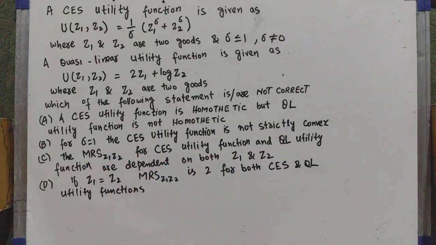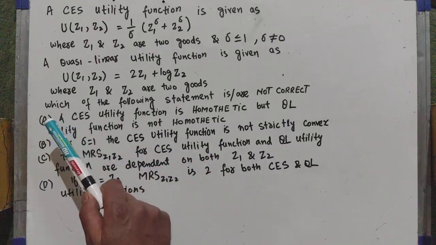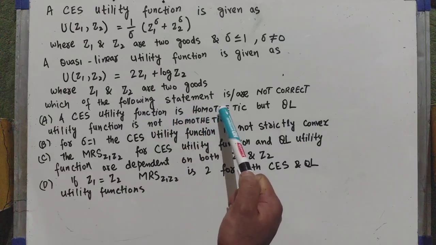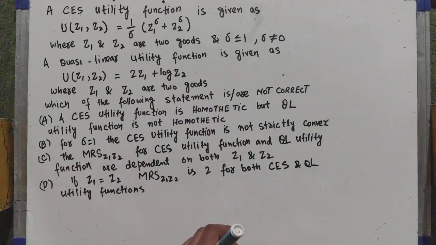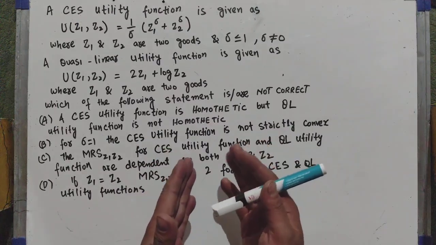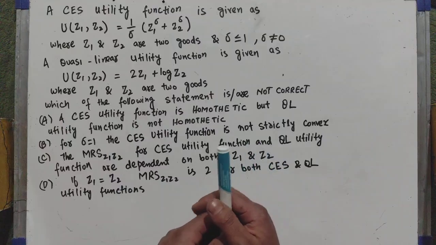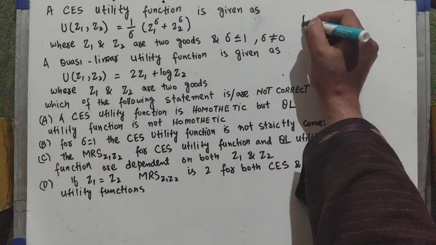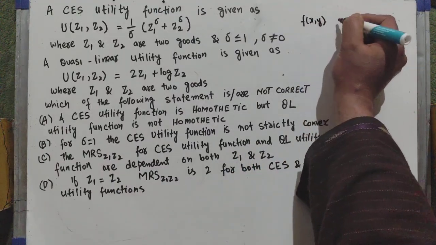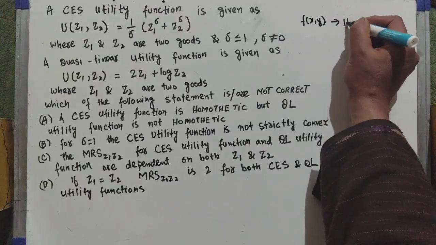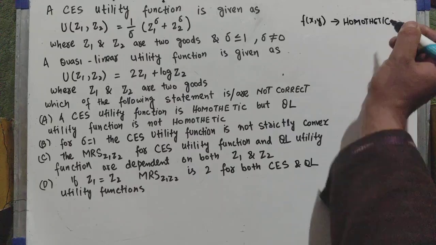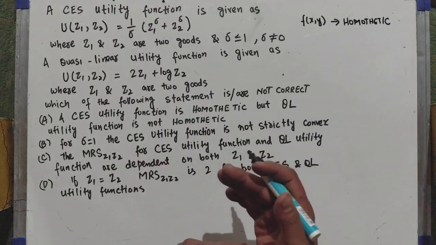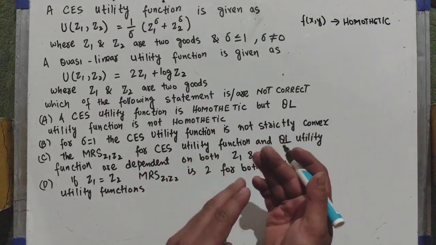So the first statement is: a CES utility function is homothetic, but a quasi-linear utility function is not homothetic. By homotheticity, what do we mean? We know that a function f of xy is said to be homothetic if it is a monotonic transformation of a homogeneous function.